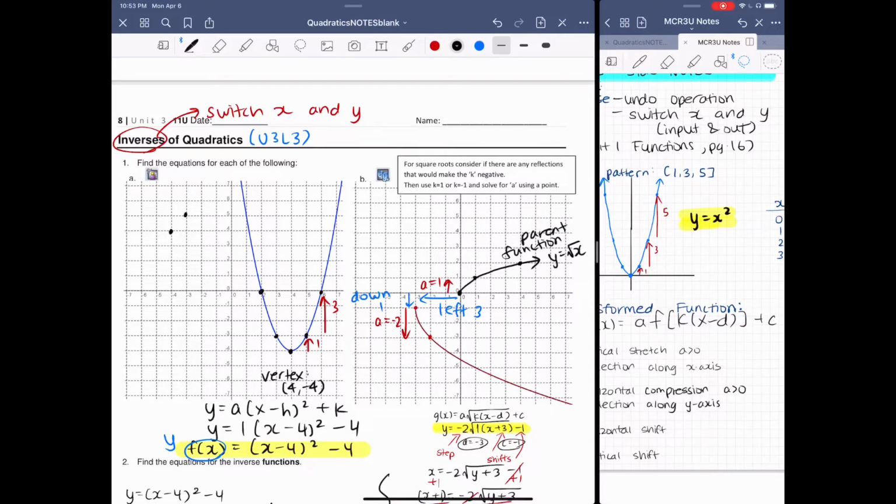Okay, (3, -3). Instead of that, I'm going to have (-3, 3). Okay, (6, 0). Instead of that, I'm going to have (0, 6) and (0, 2). Connect.